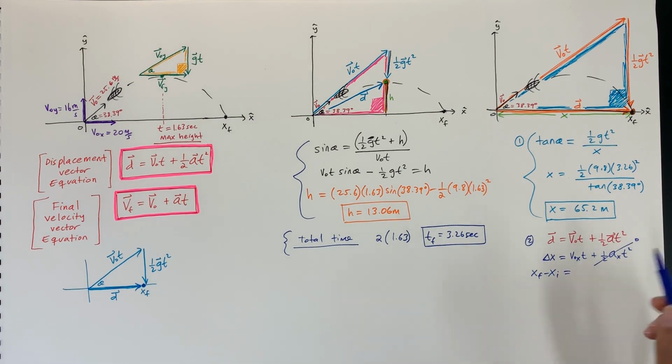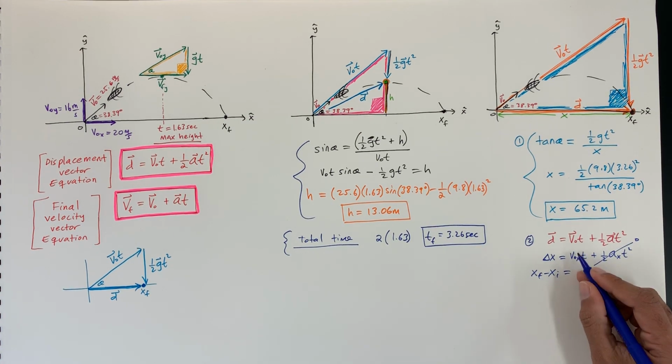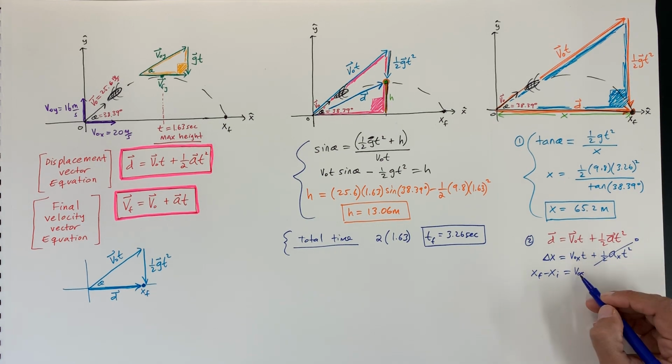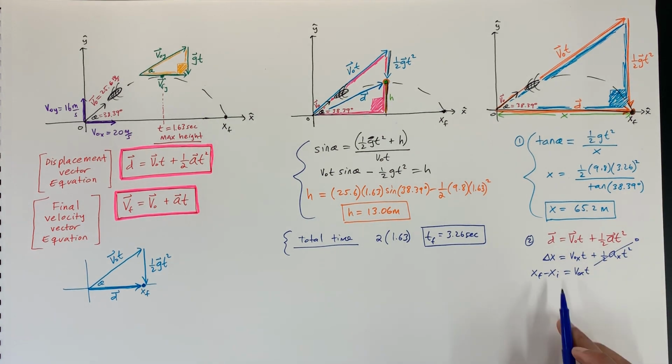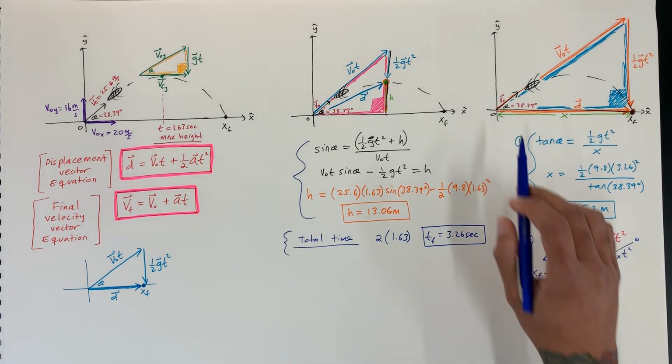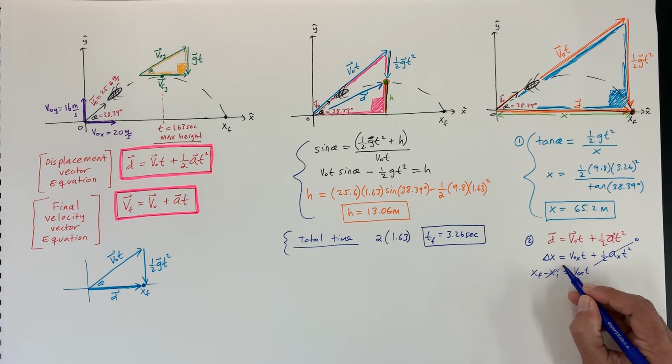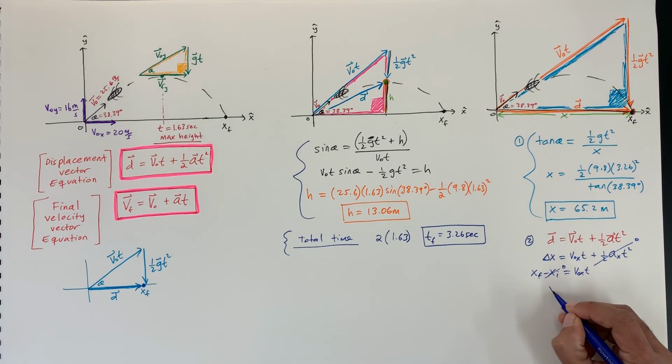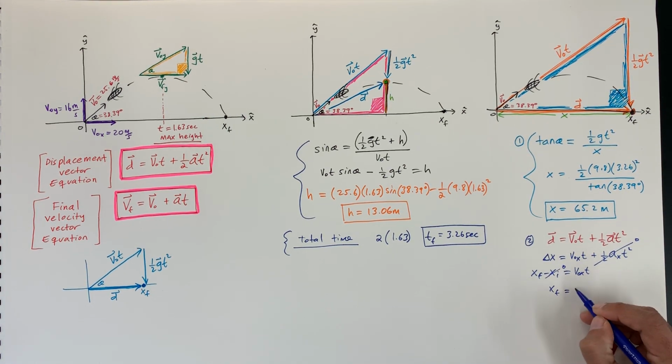From previous videos, we discussed y. All we're left with is v initial x in the x direction times time. Our initial position is 0, because we started here at the origin. So what we're left with is x final equals v initial in the x times time.